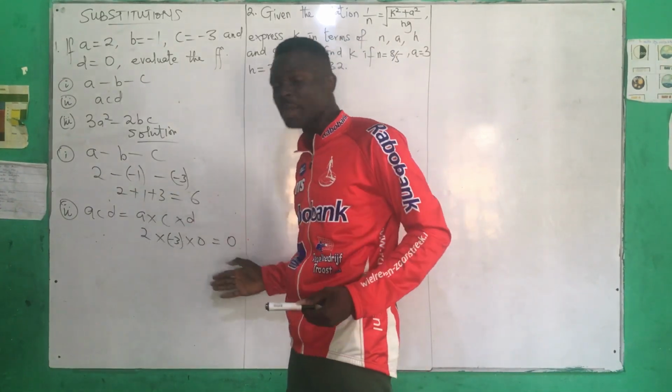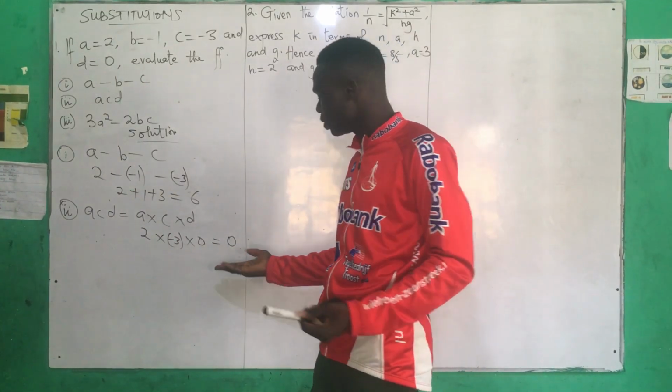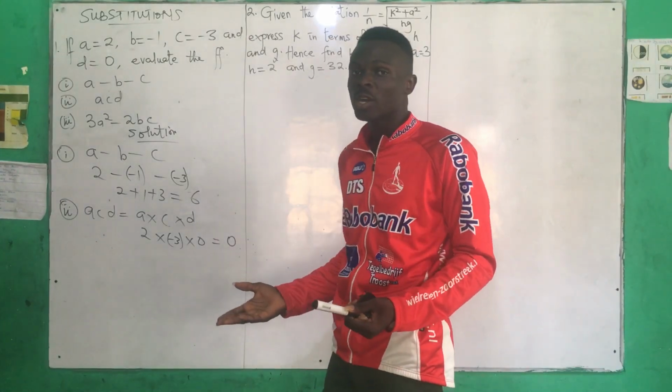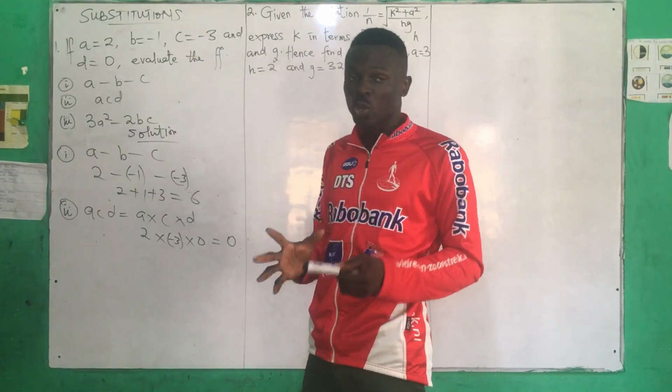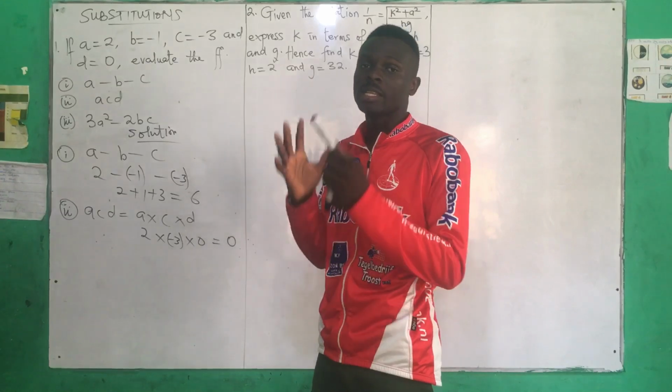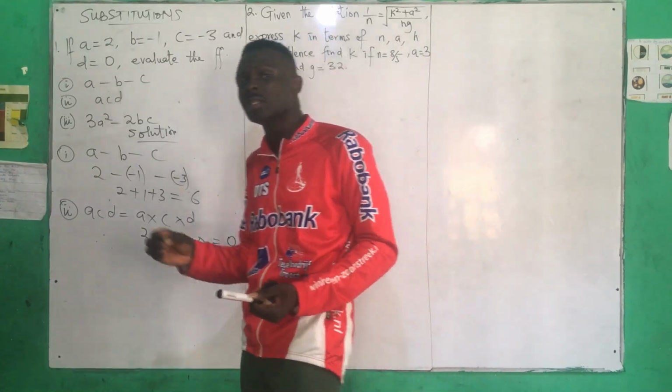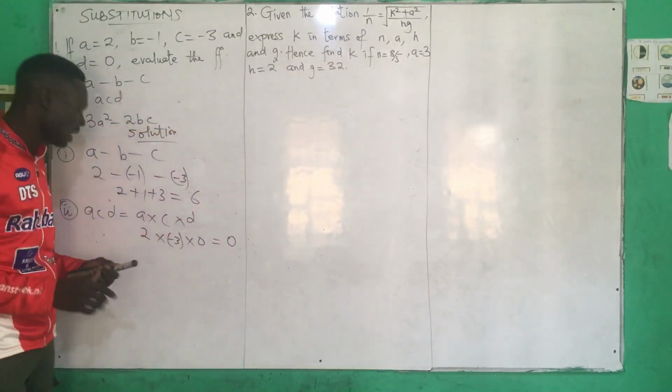And any number times 0 is 0. So there's no need for us to even calculate for this. What you should know is that substitution is simply about replacing letters with numbers.